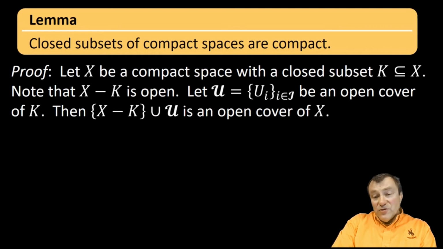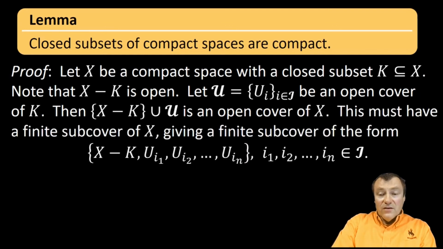Well, script U together with X take away K is an open cover for all of X. Since X is compact, we have a finite subcover of this cover. Now this finite subcover may or may not include X take away K, but might as well include it just to be safe. Doesn't hurt.